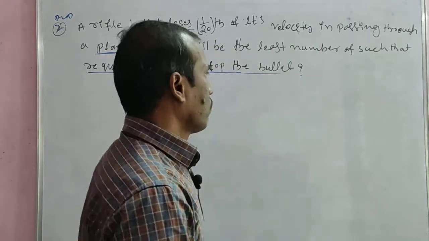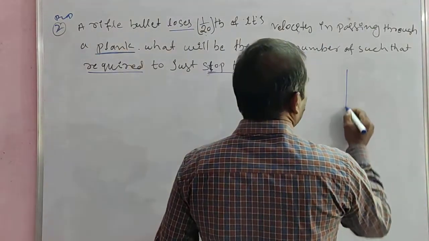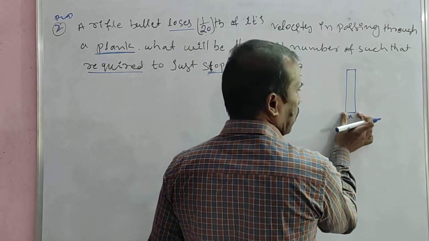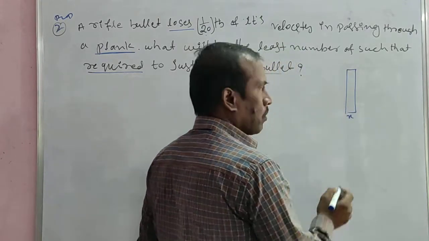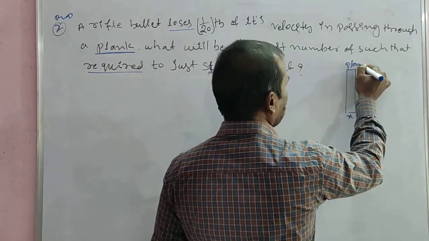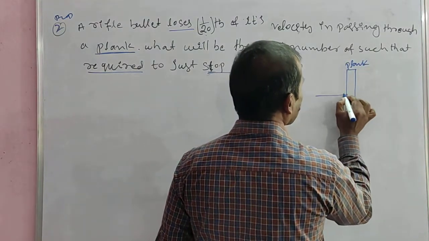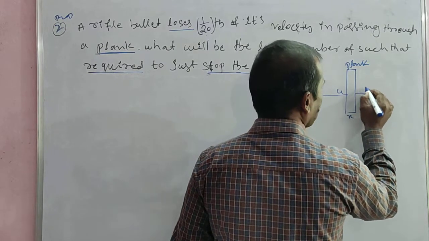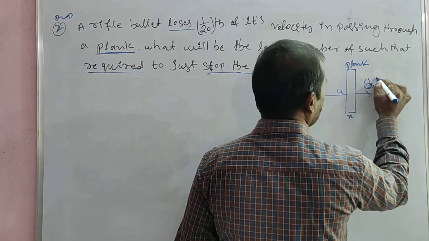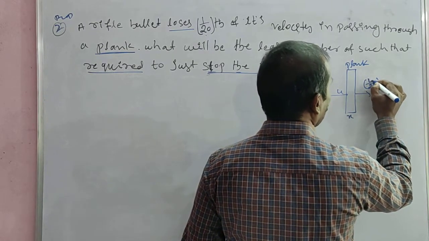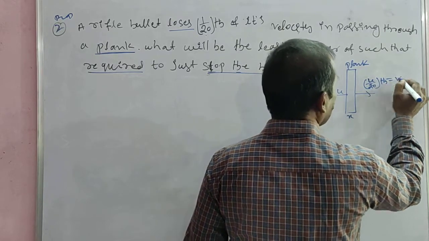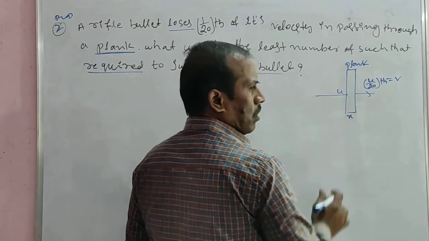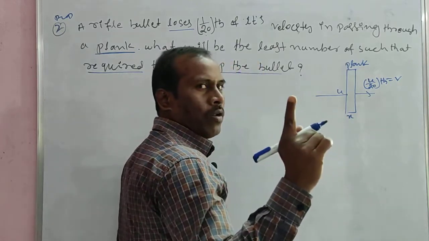Let x be the length of the plank, just as imagination. The bullet strikes with initial velocity u, and after it comes out, the velocity is reduced by 1/20th. This is the final velocity, only for one plank.